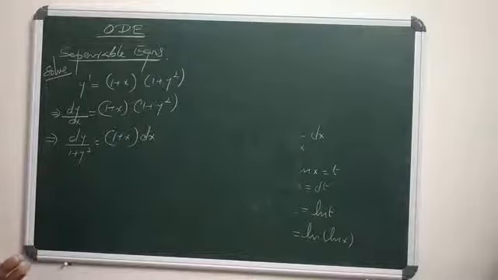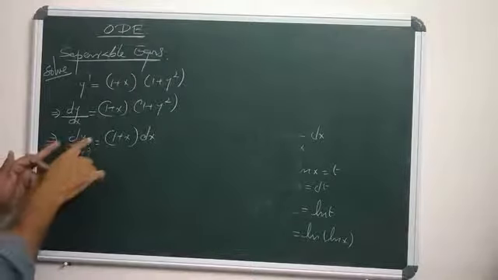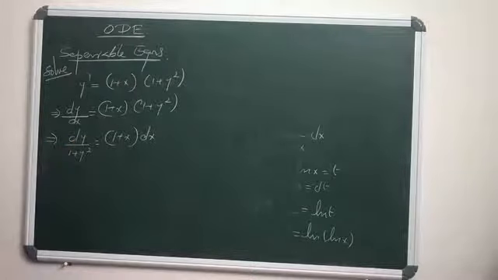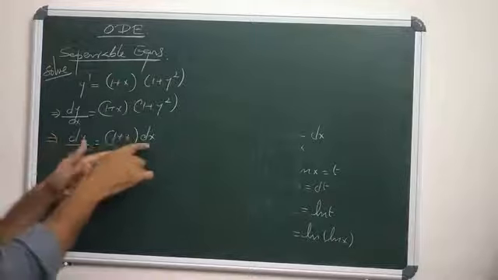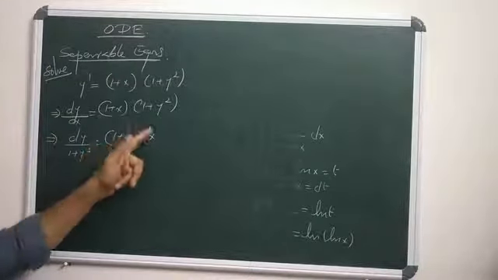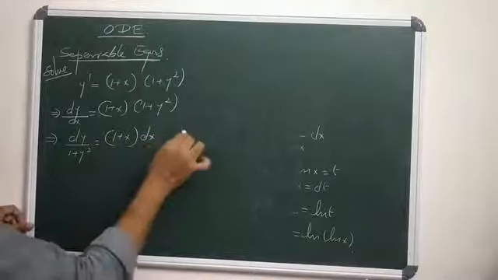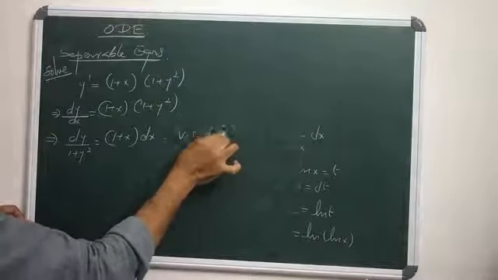So it's a variable separable form. Why? Because the variables x and y are separated, so that the terms involving x and y appear only on the left and right sides. Okay. So this is a variable separable form.